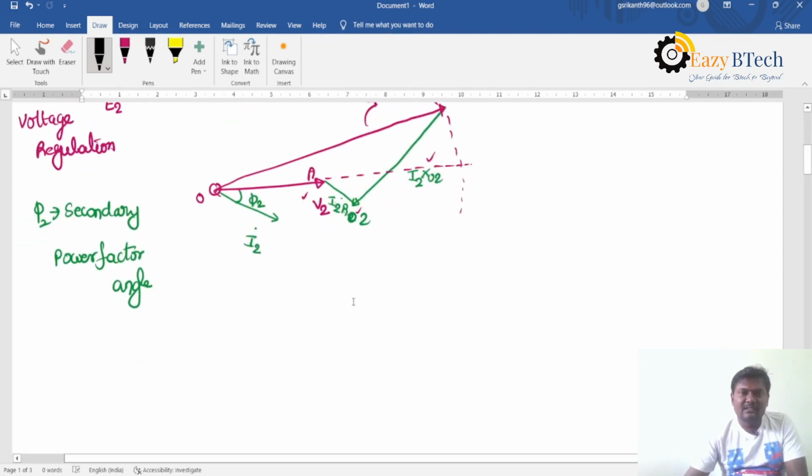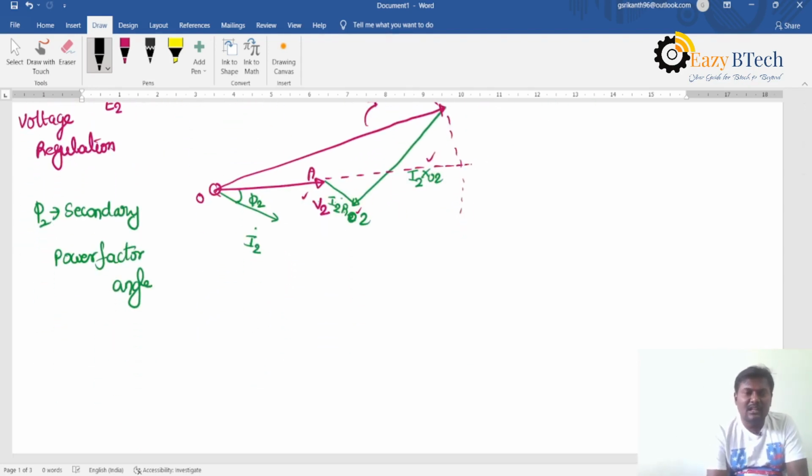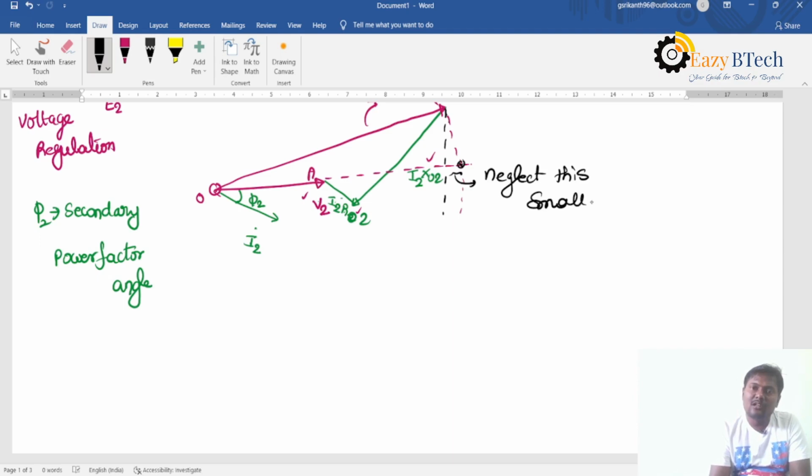Extend the OA line, and from this point O draw an arc, then it will touch the point here. So draw a perpendicular line, neglecting this small portion. Here draw a perpendicular line. So this is 90 degrees.